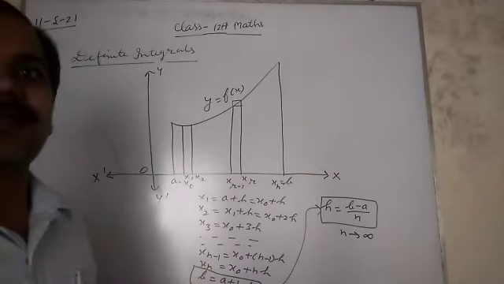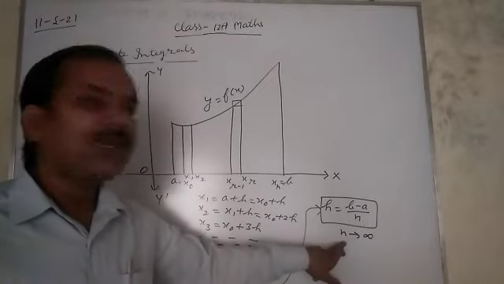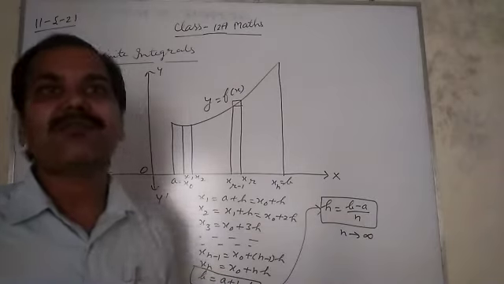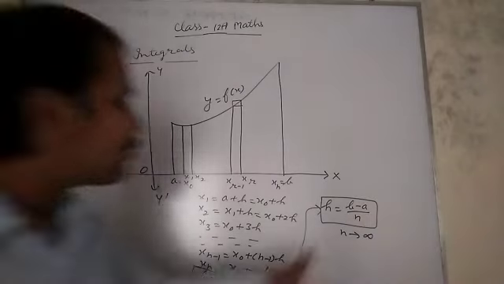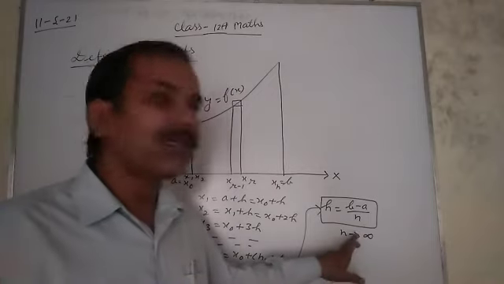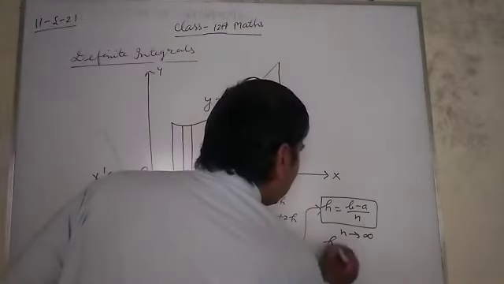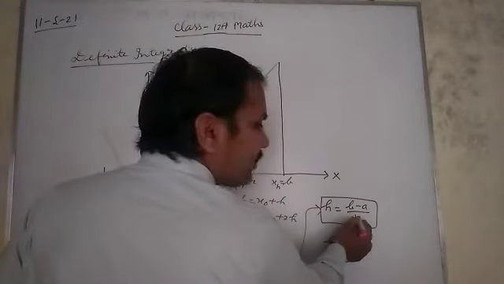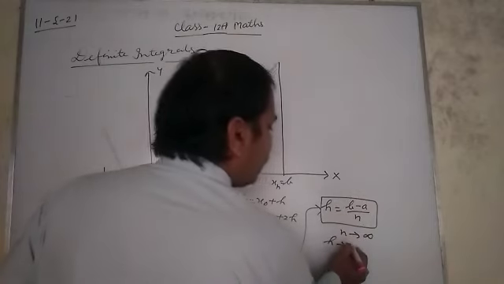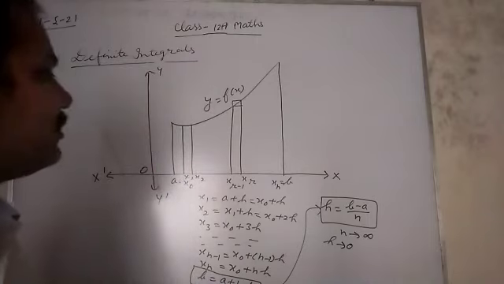Exactly infinite is not possible, but here tends to means it is going towards infinity. So when n tends to infinity, this symbol shows tends to. So what will h be? If n is infinite, any number divided by infinity is 0. So if n tends to infinity, then h tends to 0.